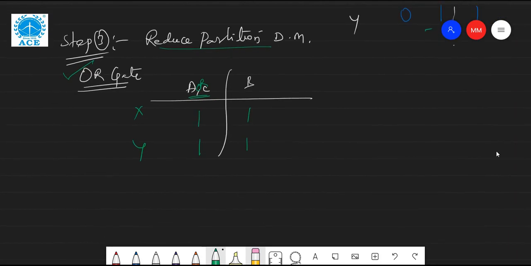Now we need to take another step. This is the last step, step 4. Now we need to take a reduced verification.